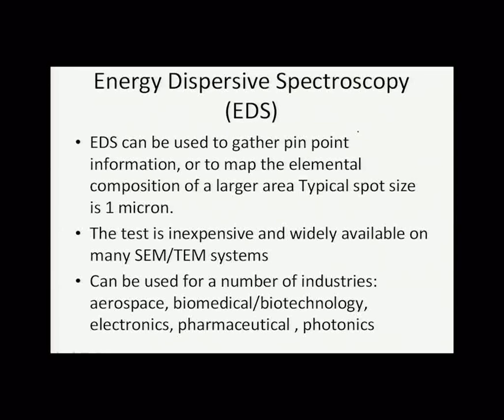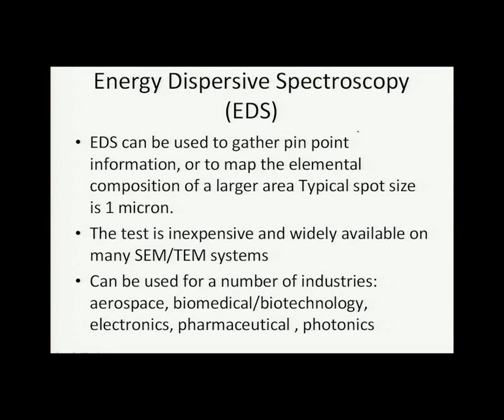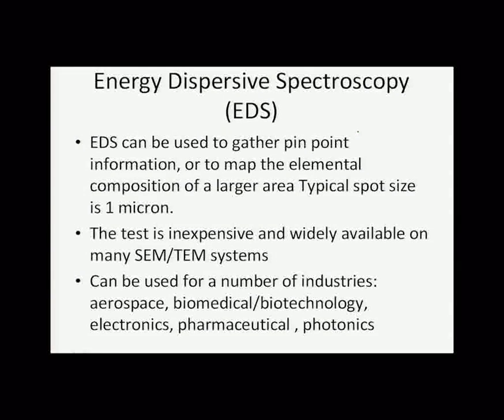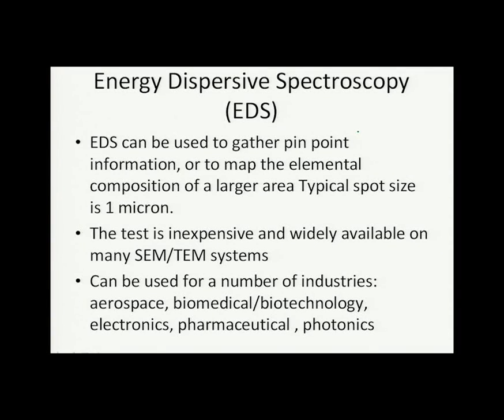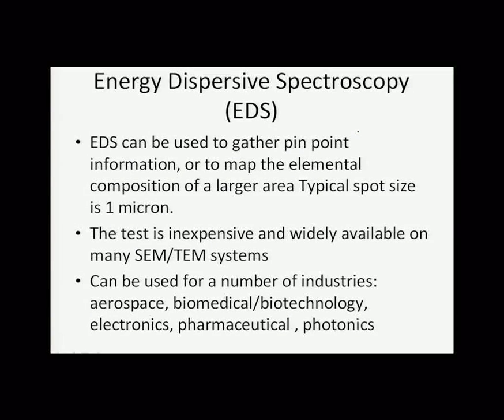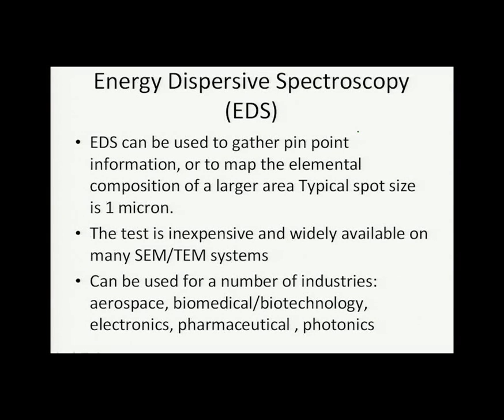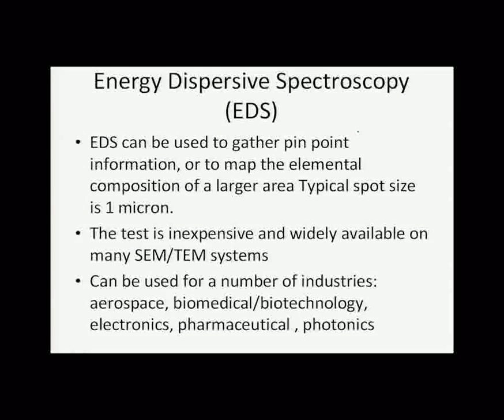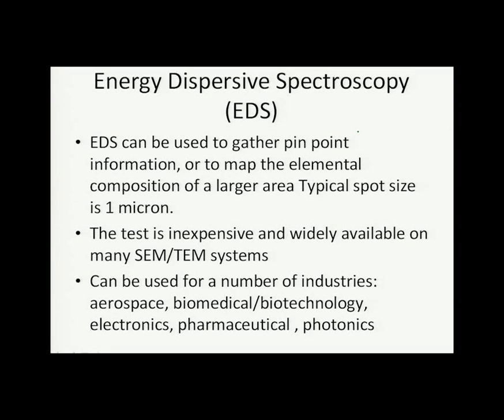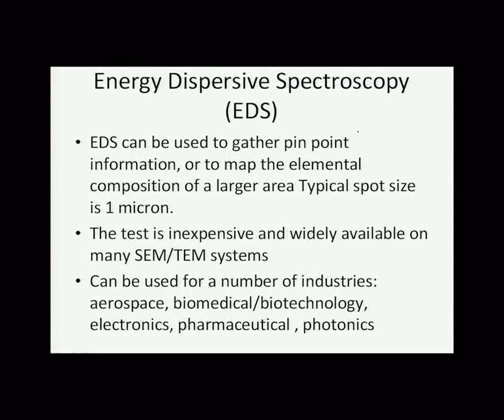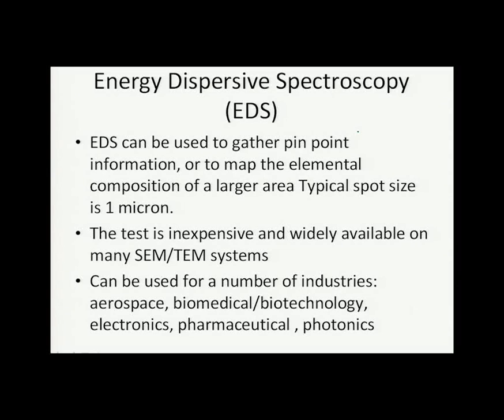EDS can also be used to gather pinpoint information, or you can use it to map the elemental composition of a larger area. A typical spot size might be 1 micron. The reason the spot size is so large is because the interaction volume is huge. In order to get X-rays to be ejected, you have to use a very high energy incident electron beam.